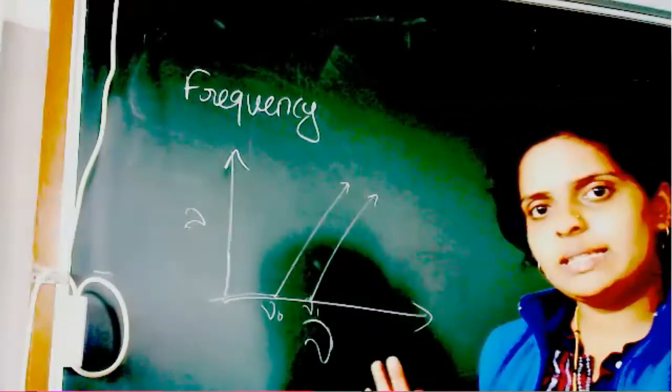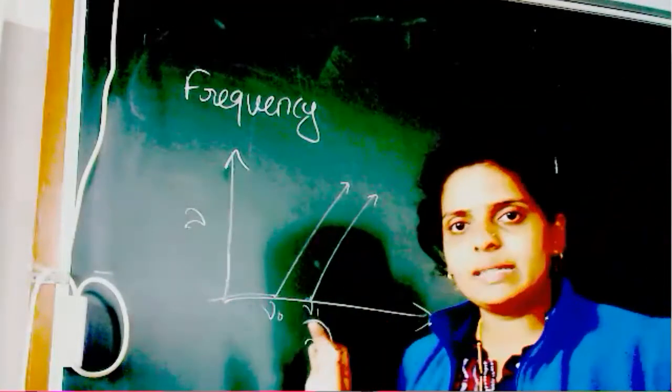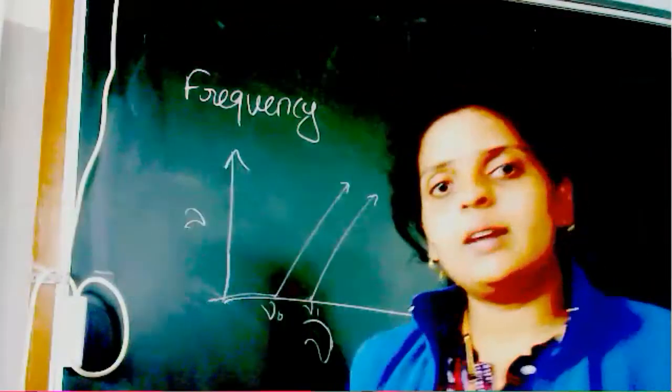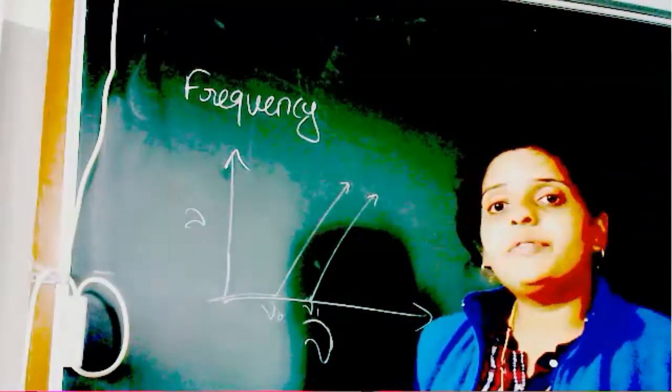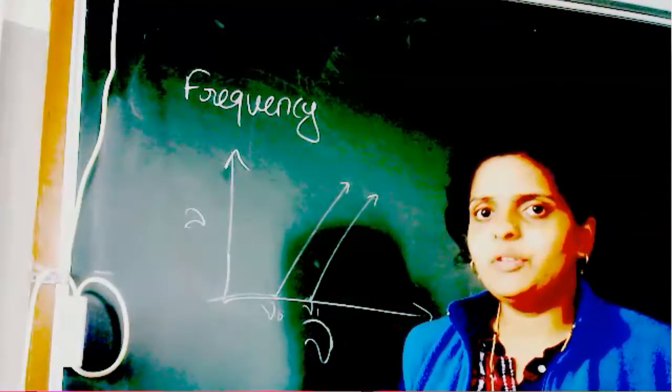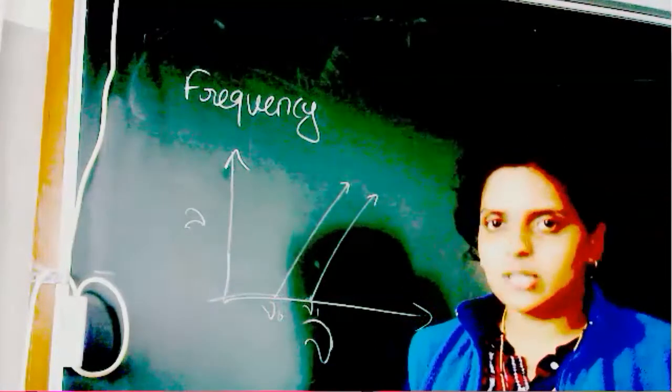So here they will just say that if you plot the graph, how will you start the paragraph? The nature of the graph for frequency versus stopping potential is as shown in the figure. The graph is a straight line, which means that for a certain value of frequency the stopping potential is zero.